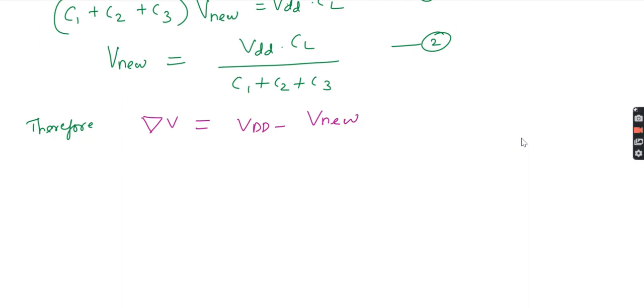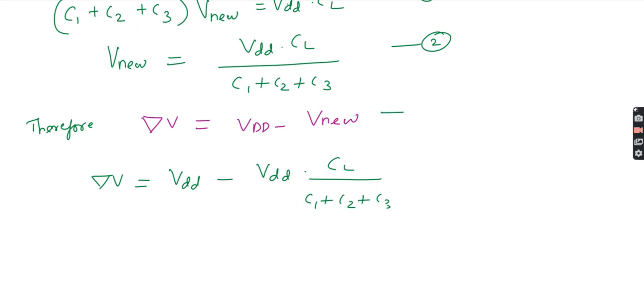So now we need to find out del V. Del V is equal to VDD minus V new, and V new is VDD into CL divided by C1 plus C2 plus C3. So now you can call this equation number 4, and this equation number 5.